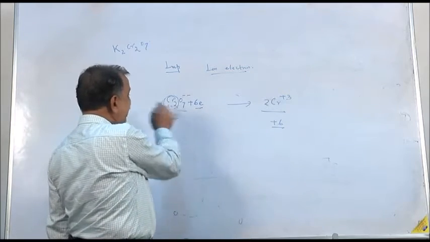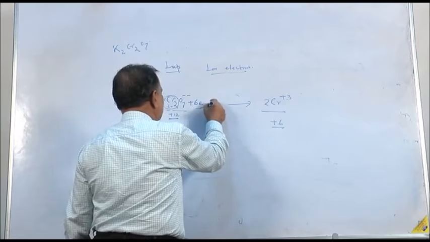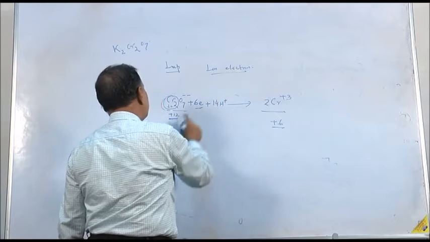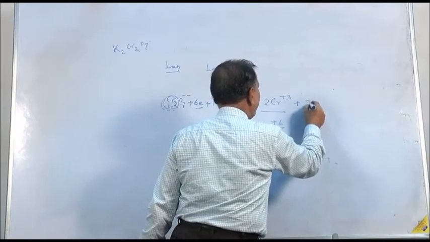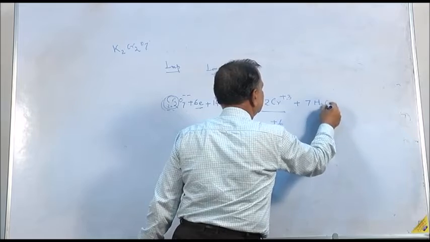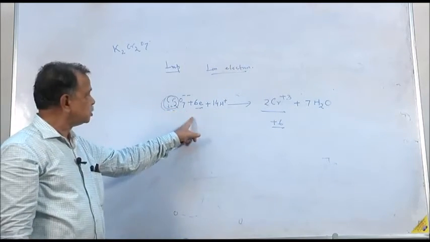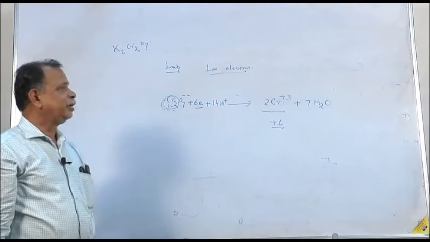How many oxygen atoms are there? 7. So acid is there, and acid gives protons. So it will be 14H+ giving 2Cr +3 plus 7H2O. Then Cr2O7 2- plus 6e plus 14H+ gives 2Cr +3 plus 7H2O.